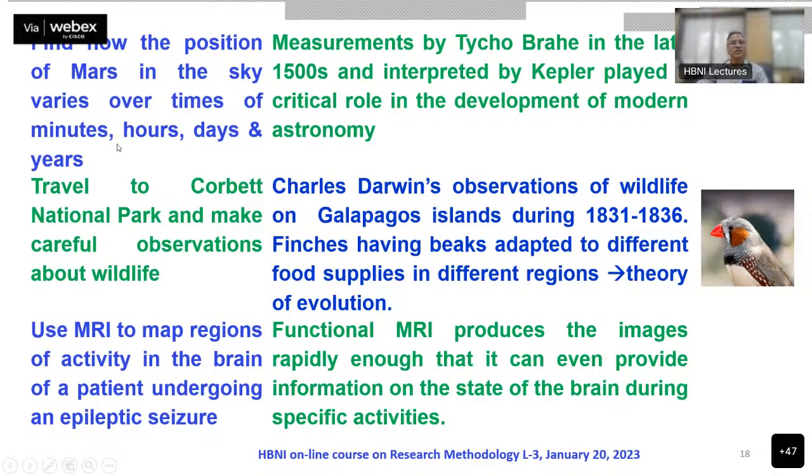It is an excellent study. You have to develop a telescope. In fact, Tycho Brahe was a pioneer in developing astronomical instruments to measure the position of planets and stars in the sky in the late 1500s, and later Kepler interpreted some of his observations, which played a critical role in the development of modern astronomy.